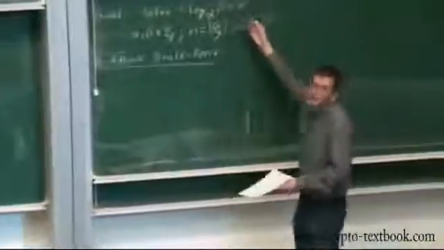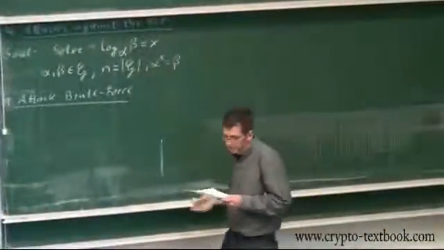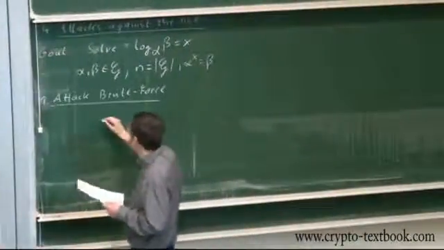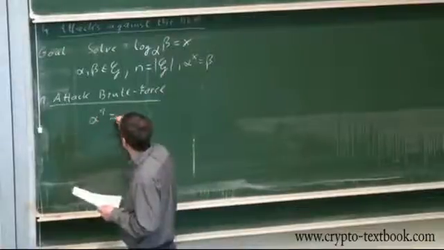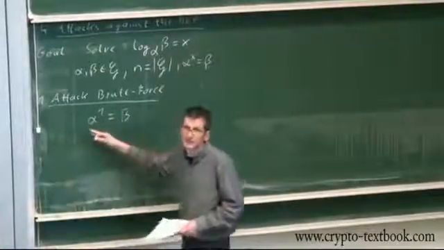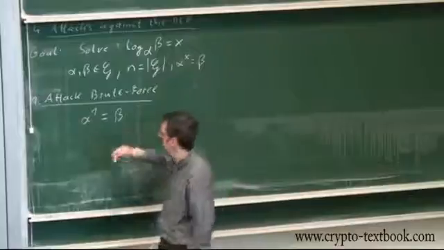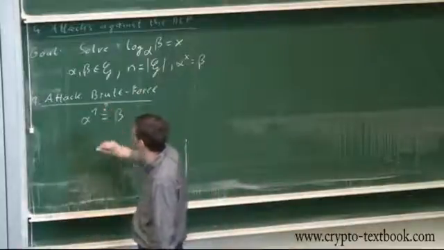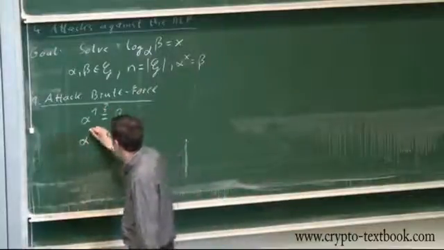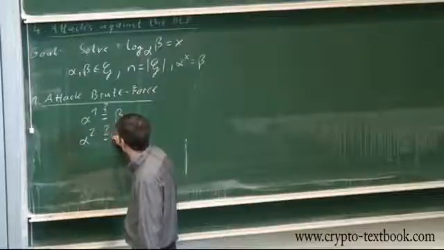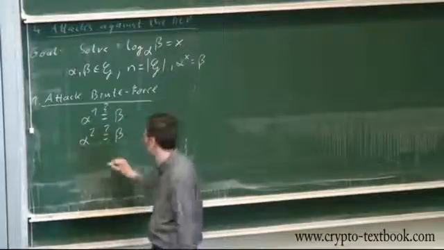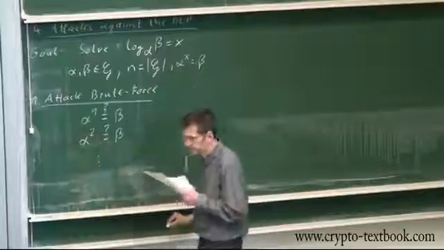So now, we have to find this well-behaved x. Okay, so what we can do is, well, you simply try all possible x's, right? You check if I raise alpha to the first power, which is not that difficult, is this actually better? Probably not. You try the next one, and so forth. Okay.